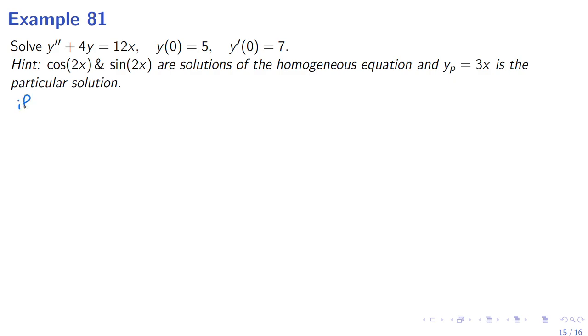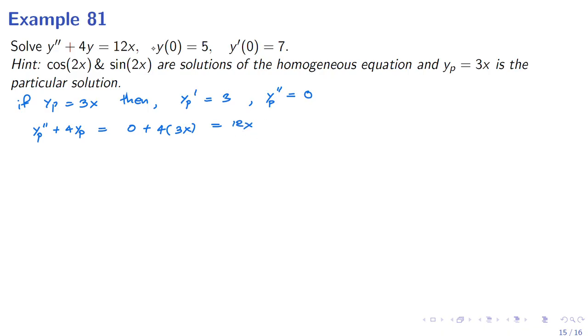So if yp is 3x, then its first derivative is 3 and its second derivative is 0. If we plug this into our left hand side, which is y double prime plus 4y, then with yp it will be 0 plus 4 times 3x, which is 12x.